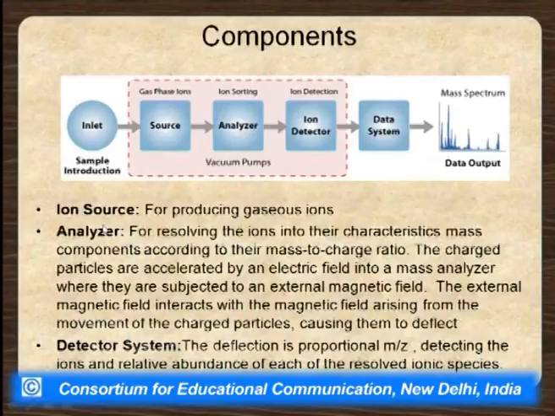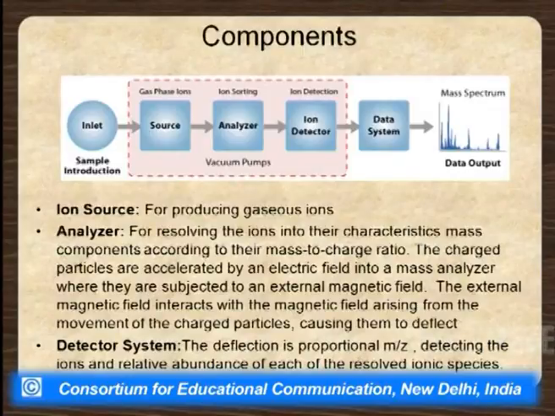So, mass spectrometry has three very important components, and they are shown here. You have an ion source which will produce the gaseous ions. There is an analyzer which will resolve the ions depending on their M/Z ratio, and the charged particles are accelerated by an external electric field in the mass analyzer, where they are subjected to an external magnetic field also. Now, this external magnetic field interacts with the magnetic fields that arise from accelerated electric charges, and this will cause them to deflect when they are traveling in the analyzer chamber.